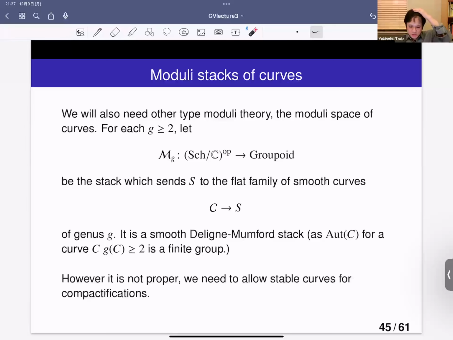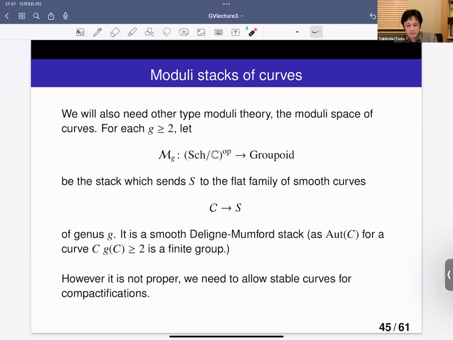Before, we considered some ambient space X, but in considering the moduli stack of curves, we don't fix such an ambient space and just consider some flat family of curves. And it is in fact a smooth Deligne-Mumford stack when the genus is bigger than or equal to 2, because the automorphism group of such curves is a finite group.